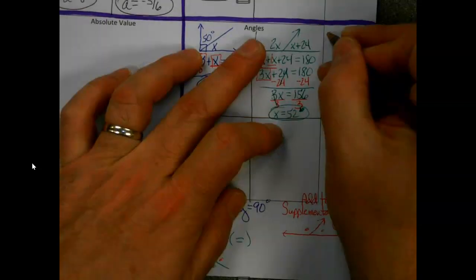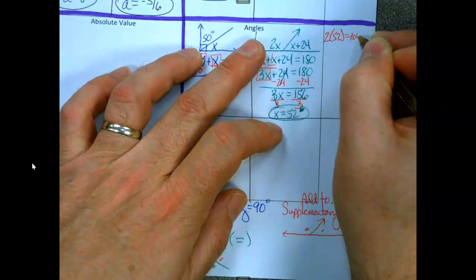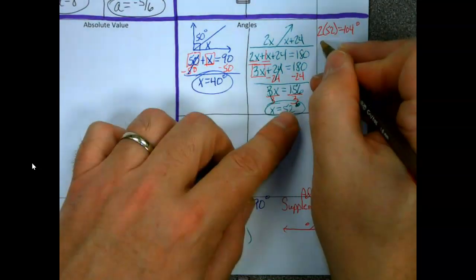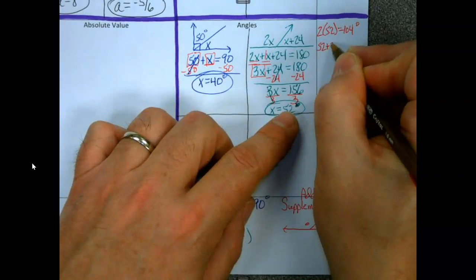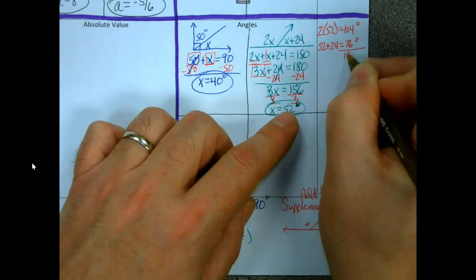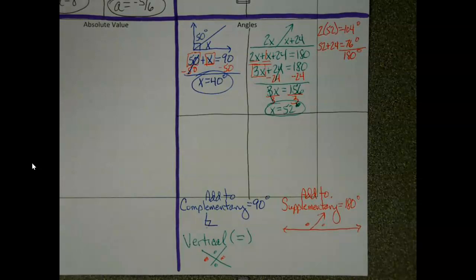So 2 times 52 is 104, and 52 plus 24 is 76, and I can make sure they add up to 180. Make sure that I'm doing them correctly. So there's lots of ways to get little bonuses out of what you're doing.